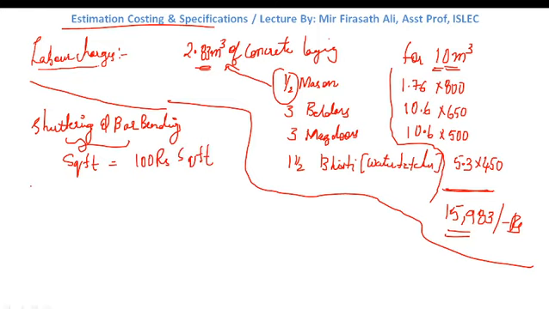Now, if we convert 10 meter cube to cubic feet, this will be 10 into 35.31, which is equal to 354 cubic feet.